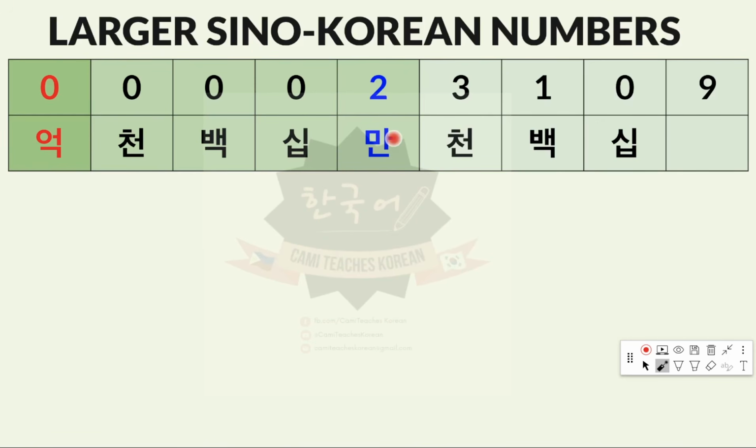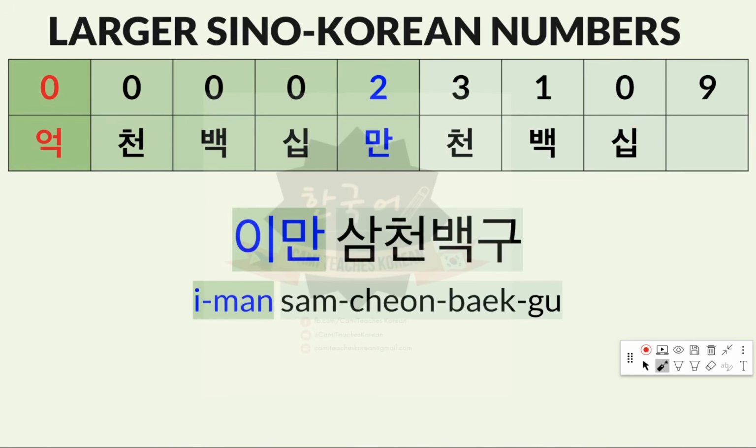Okay, another example. 23,109. Man first, the larger number before moving to the smaller numbers. Largest number first: iman. So, iman. That's 20,000. For 23,000, we need to add 3,000, samchon.